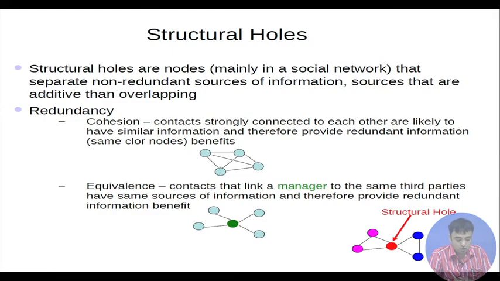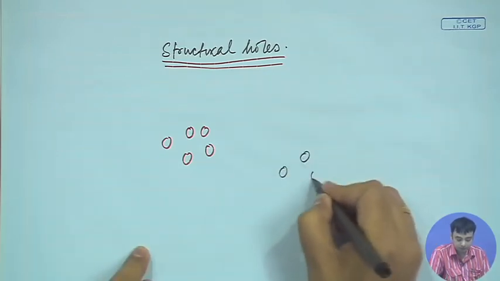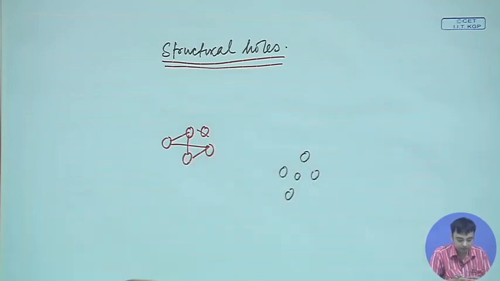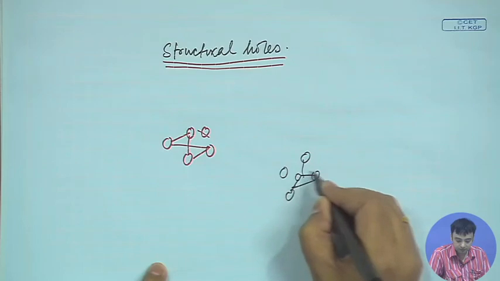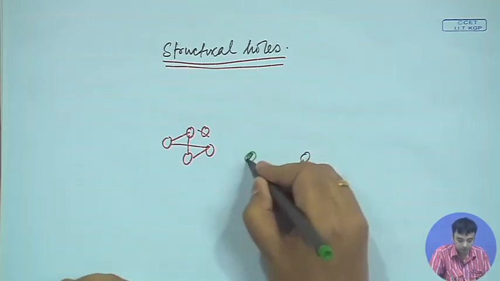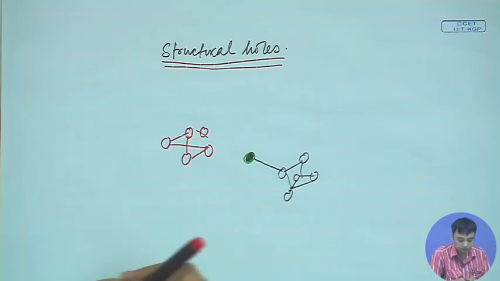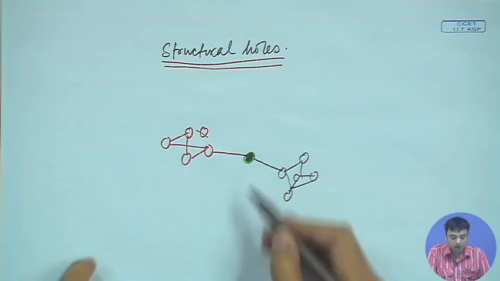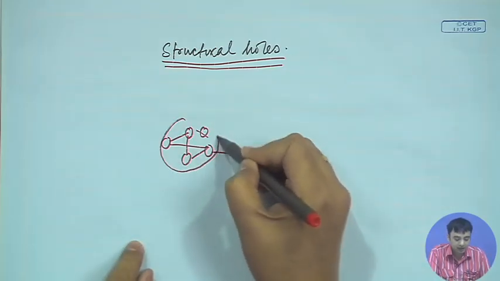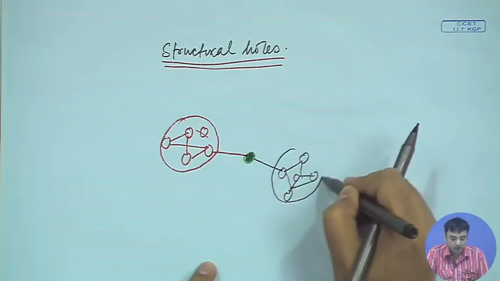So, basically if you have two parts of the network, say one here and the other here, so basically this green node here is denoted as a structural hole, because we are imagining that the information that is there within this particular group of members in the social network is very different from the information that is stored here in this group of networks.